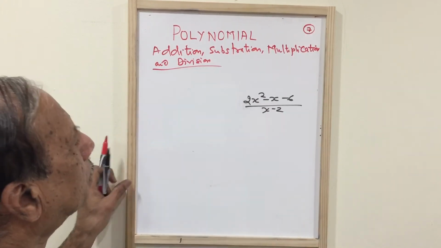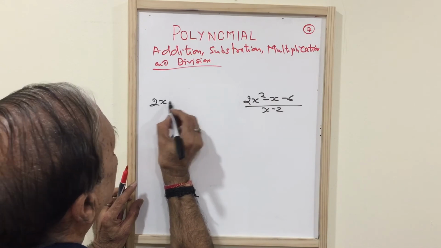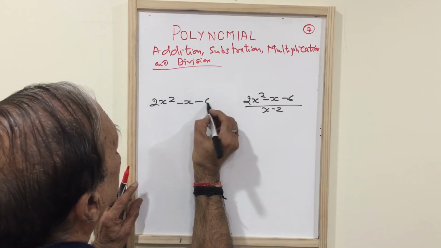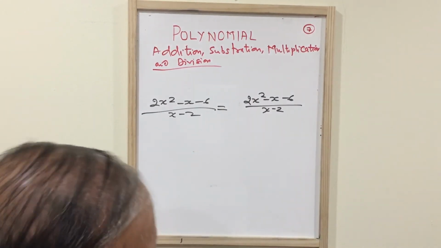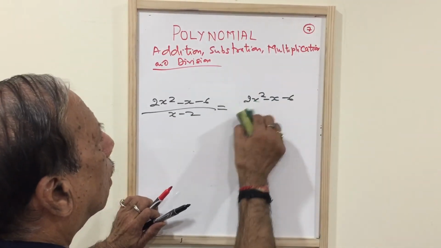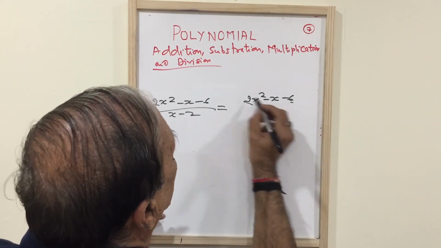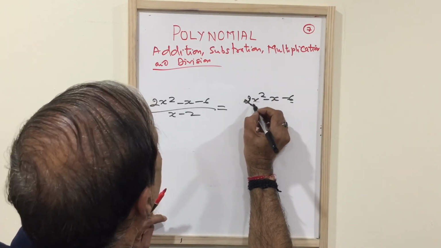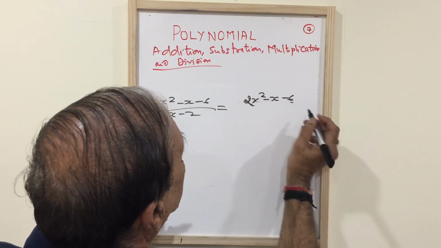Now you will factor this. From this equation you can see 2 is the coefficient of x square, and minus 6 is the constant number.